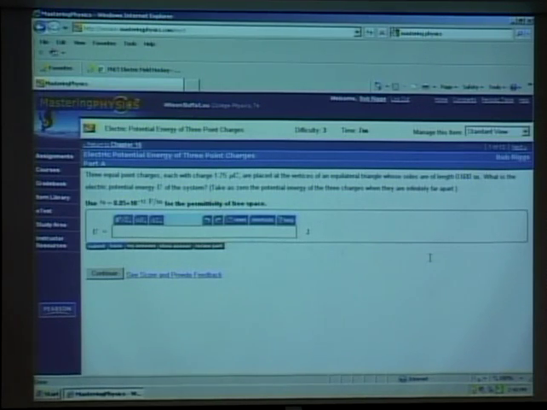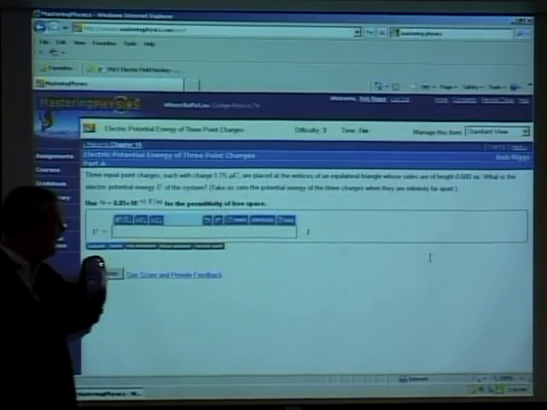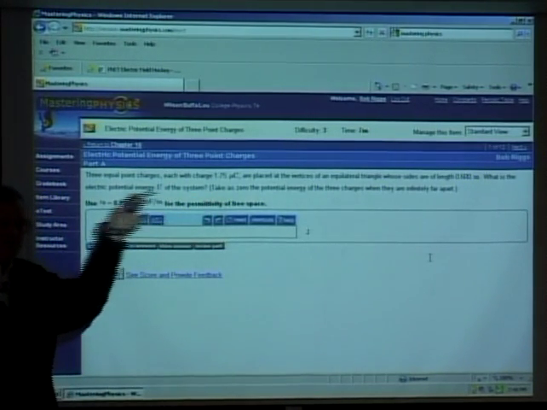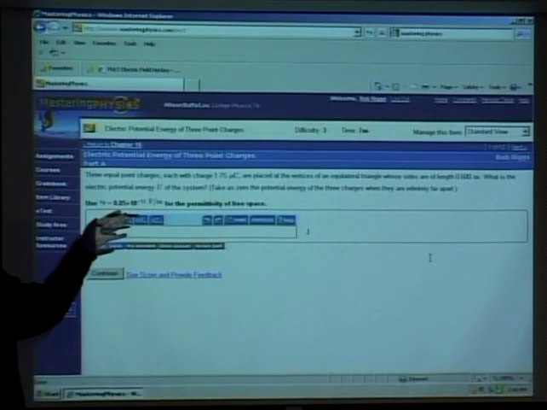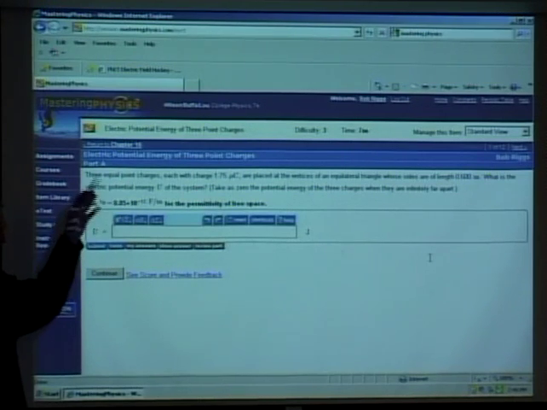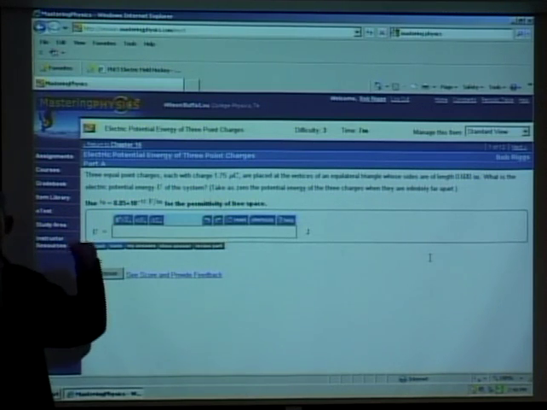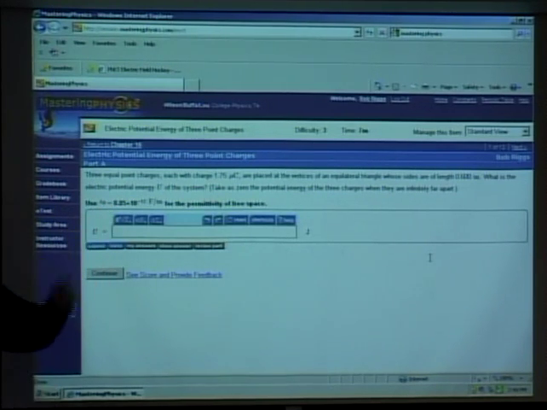So here we go. We have 1.75 microcoulombs. You guys know how to do this. This is just like what we did earlier, except all the charges are the same this time, so this one should have a nice positive potential energy. Basically you set up your triangle.